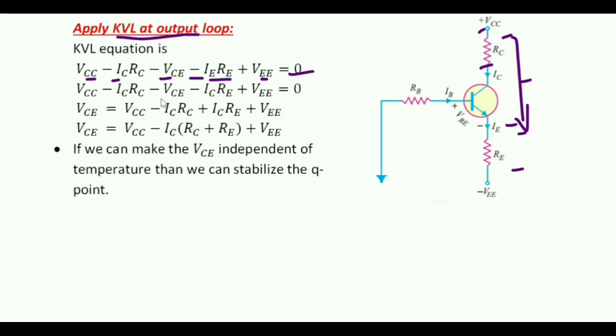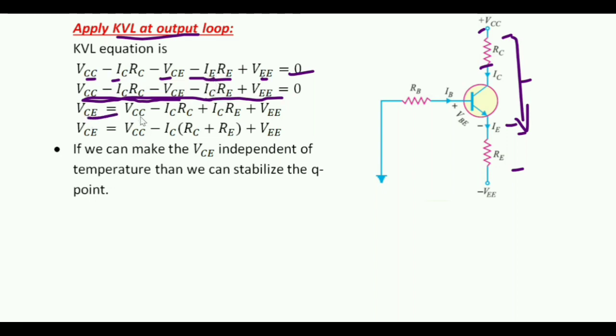VCC minus ICRC minus VCE minus IERE. If we further simplify this equation, we will get VCC minus ICRC minus VCE minus IERE plus VE is equal to 0. We have seen earlier that IE can be replaced with IC as these are approximately equal.